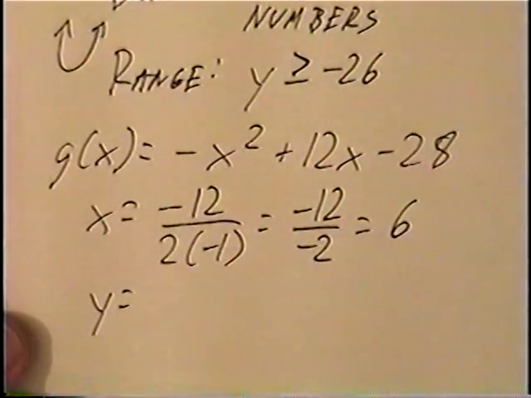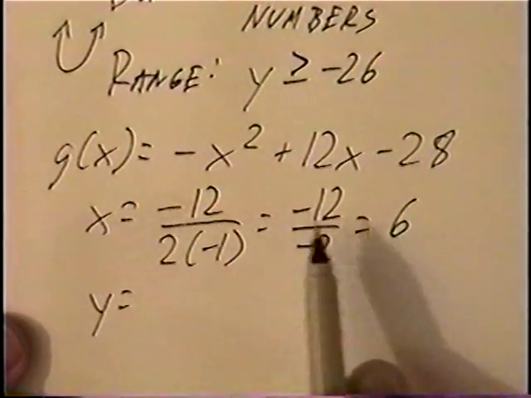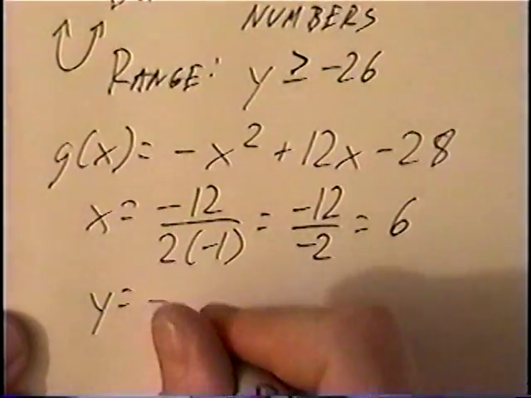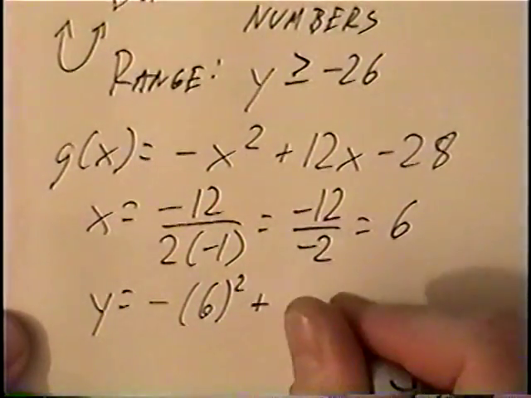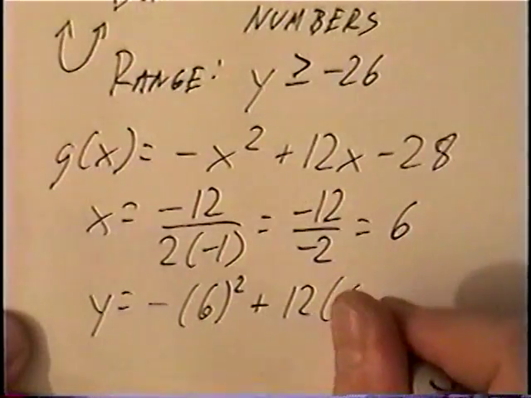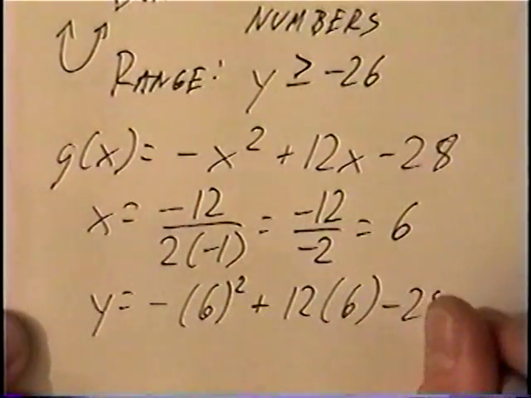Solving for y. Plugging the 6 into the original equation, we'll have negative 6 squared plus 12 times 6 minus 28.